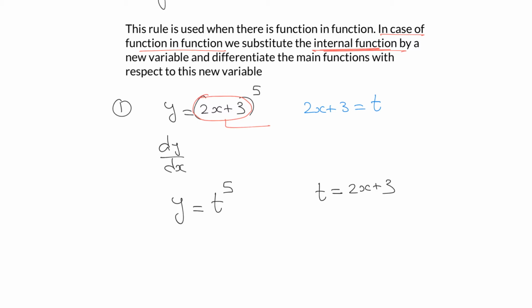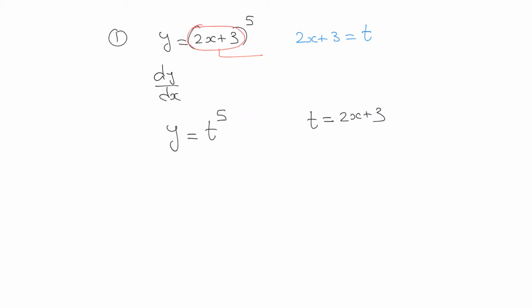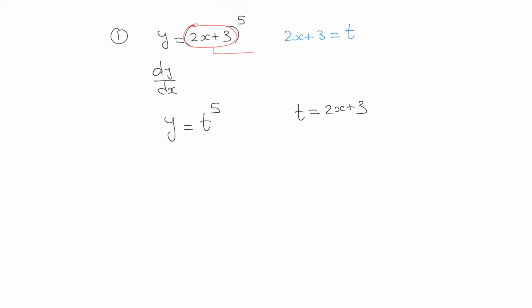Now we differentiate the main function, t raised to 5, with respect to the new variable t. Differentiating this equation gives dy by dt, because we are differentiating with respect to t. I'll get the answer as 5t raised to 4.